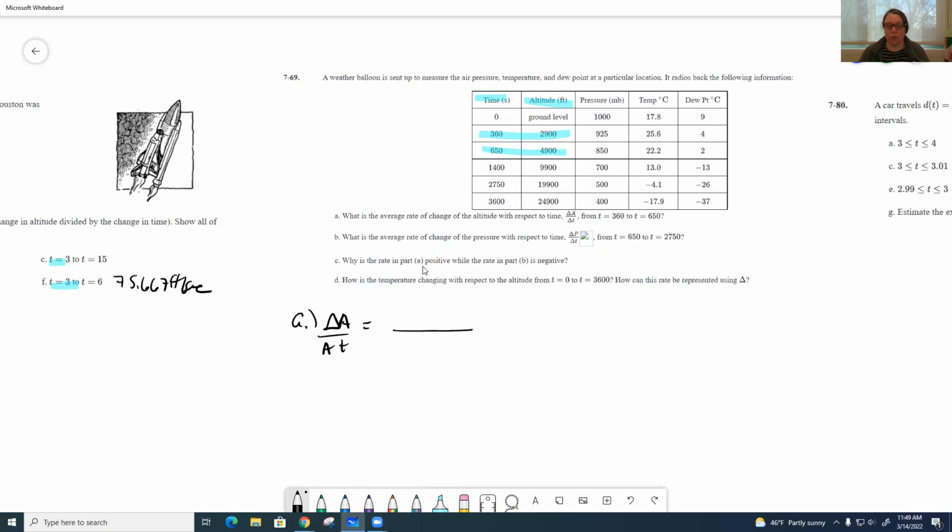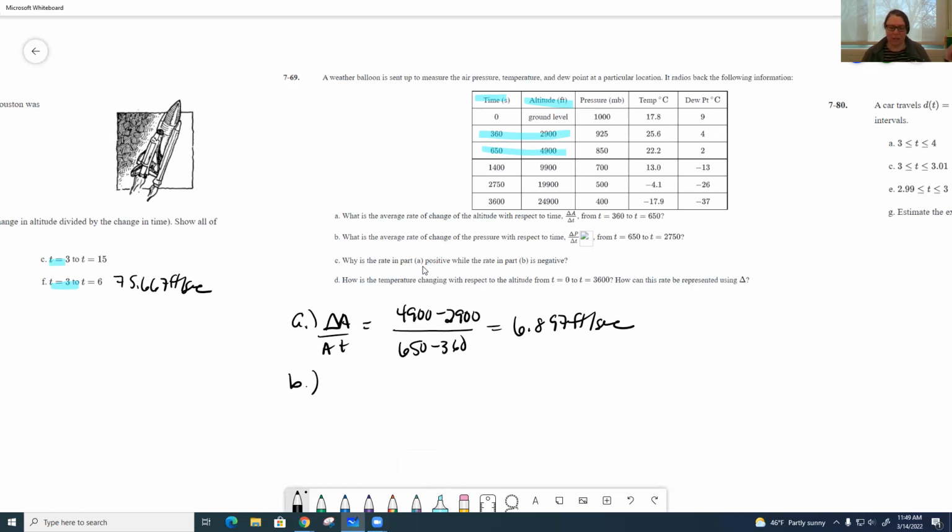So the change in my altitude is 4,900 minus 2,900, and change of time is from 650 to 360. And so when I subtract and divide, I get 6.897 feet per second.